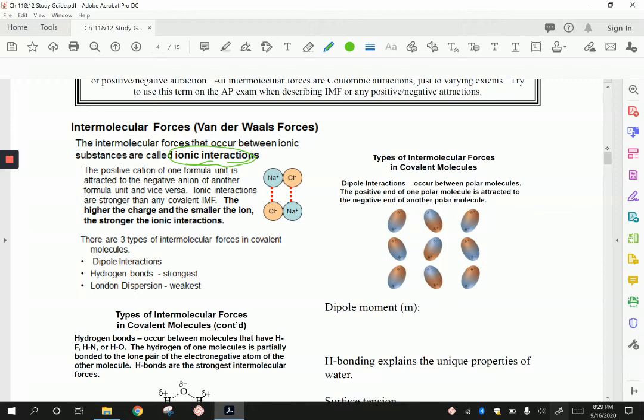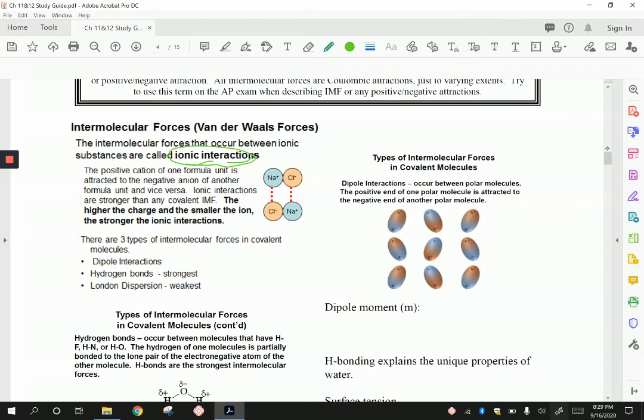The higher that charge that I have here, the stronger these ionic interactions, because obviously they're positive and negative. So if I have something that's +1 and -1 versus +2 and -2, the +2 and the -2 will have stronger ionic interactions than the +1 and -1. So the larger the charge, and the smaller the ion as well, the stronger that interaction. So that's for ionic substances.